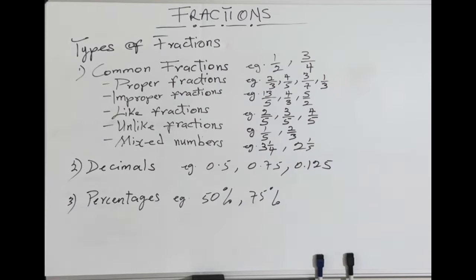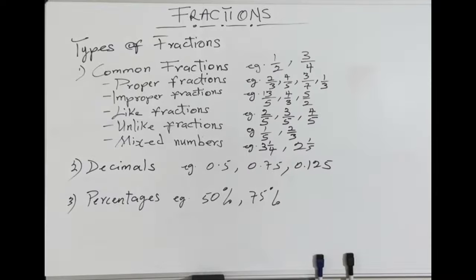And then we move to like fractions. Two or more fractions are said to be like if they have the same denominator. Unlike fractions have different denominators. And the mixed numbers contain both whole numbers and fractional parts.